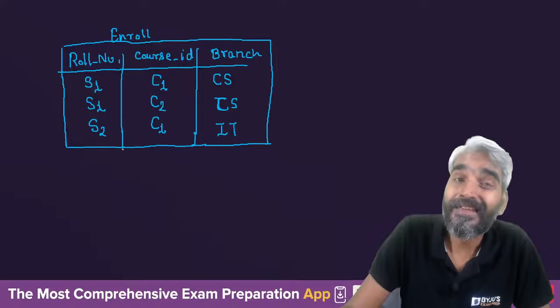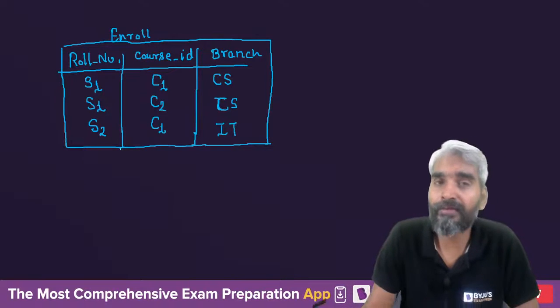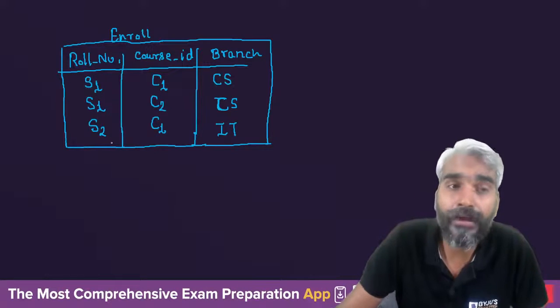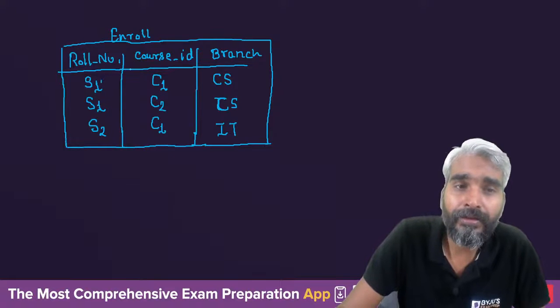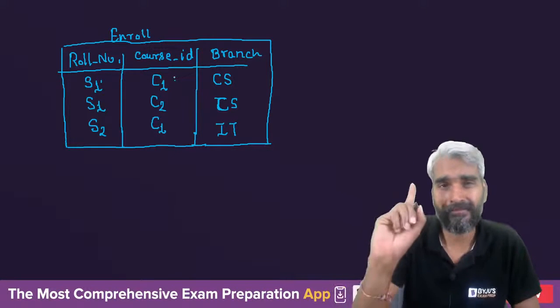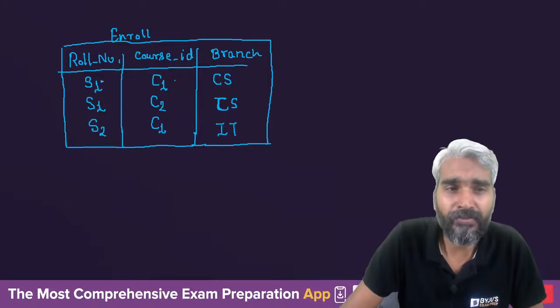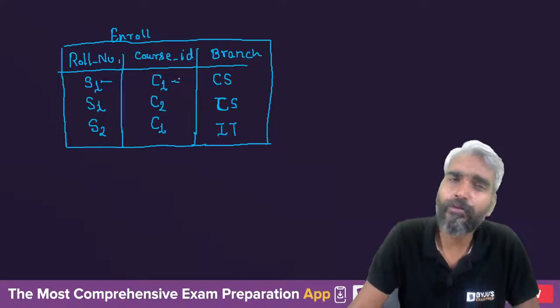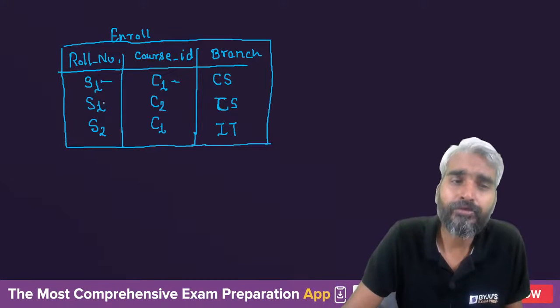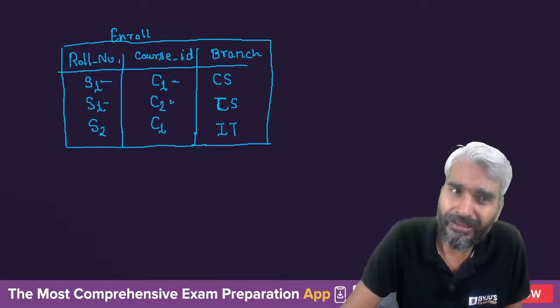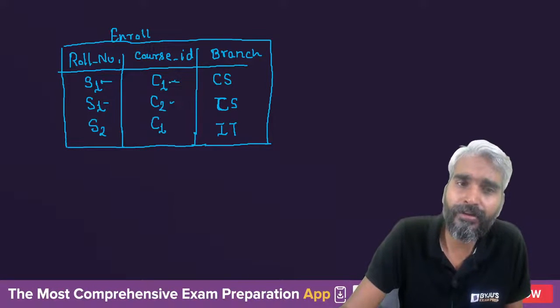Sometimes the information will not be available in the form of FDs, but you will have to understand that one student will enroll for one course only once. Student S1 will enroll for course C1 only once. Student S1 can enroll for another course as well, but can enroll for one course only once.